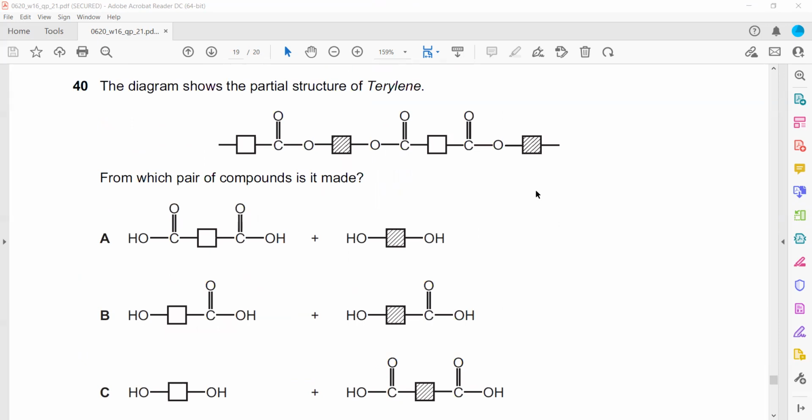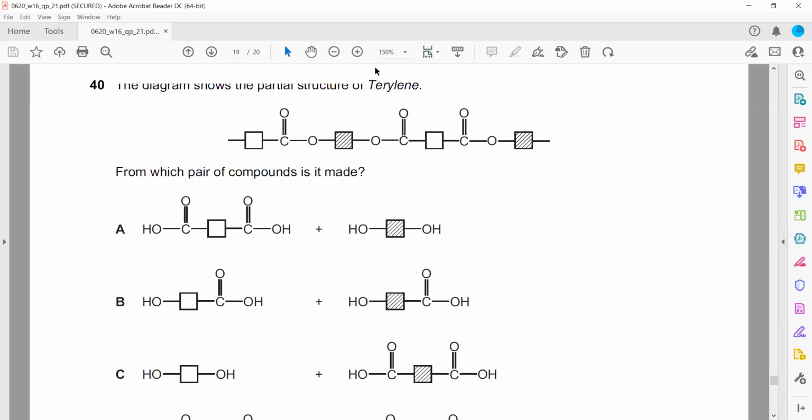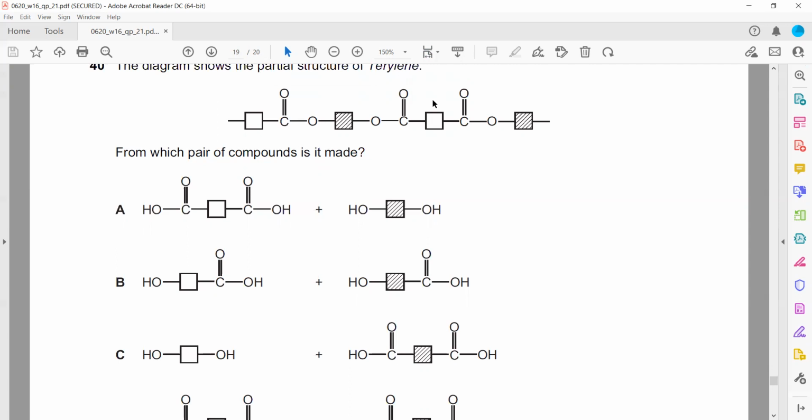The diagram shows the partial structure of a polyester. So how is polyester formed? When a dicarboxylic acid, with 2 carboxylic acid groups, reacts with a diol, with 2 alcohol groups. So one compound should have carboxylic groups on both sides, and the other should have alcohol groups on both sides. As you can see, this is C double bonded with O and OH, C double bonded with O and OH.